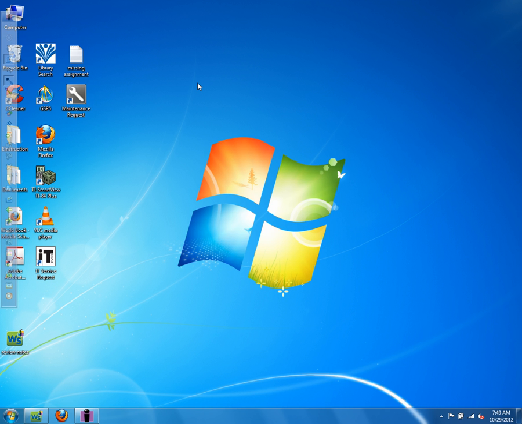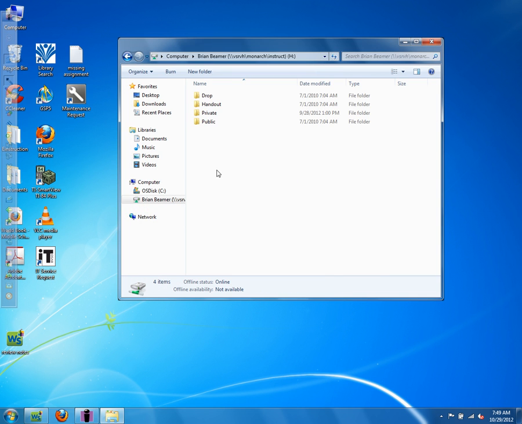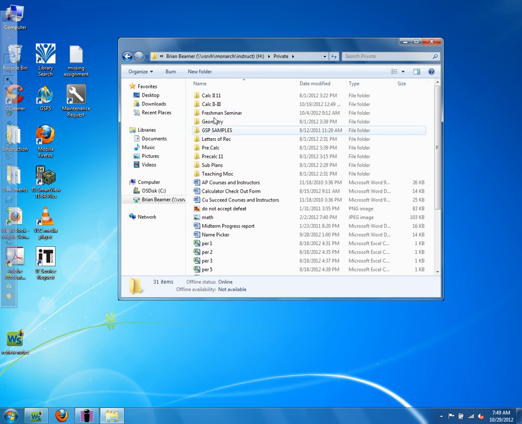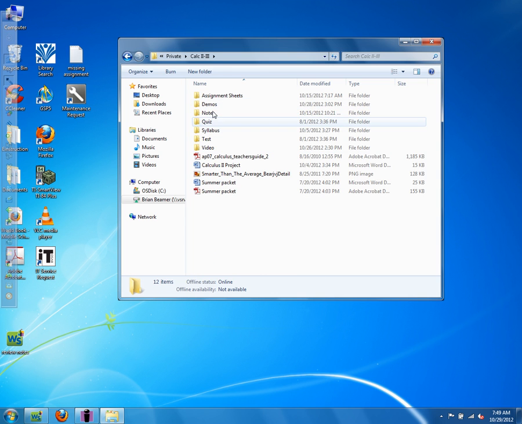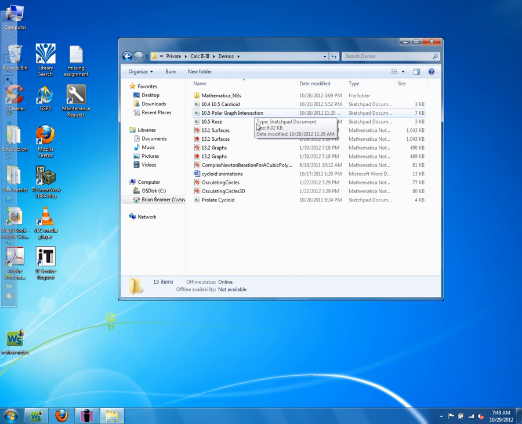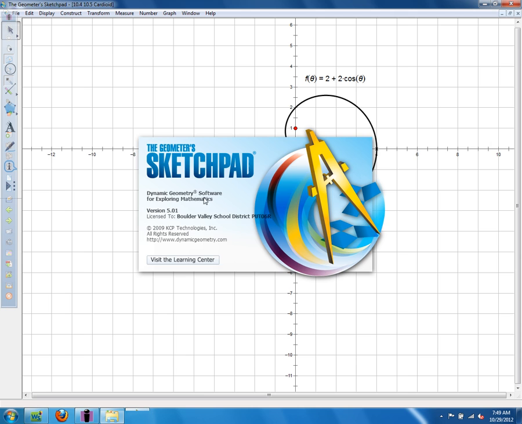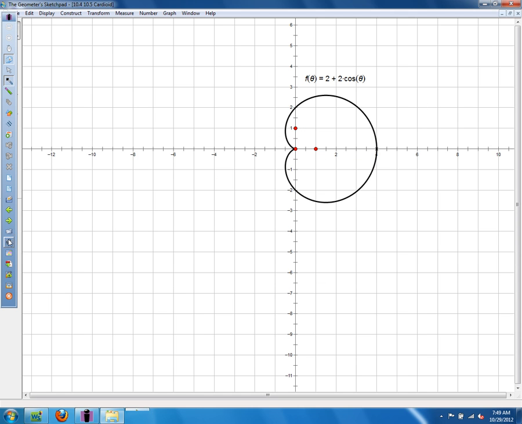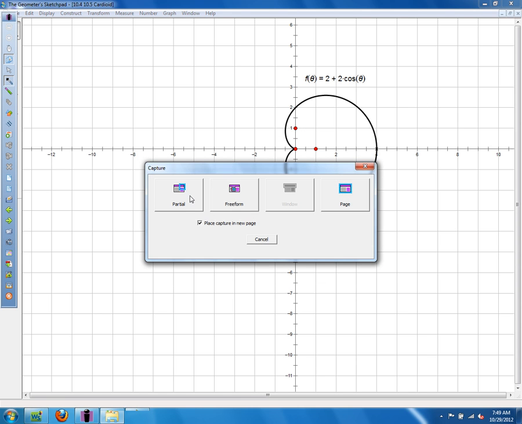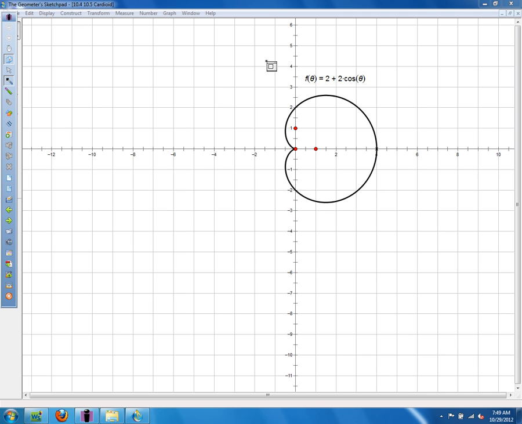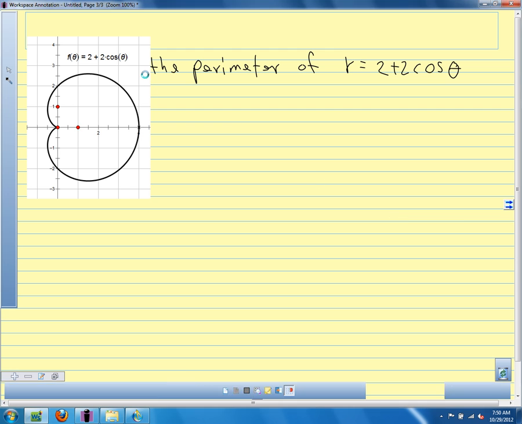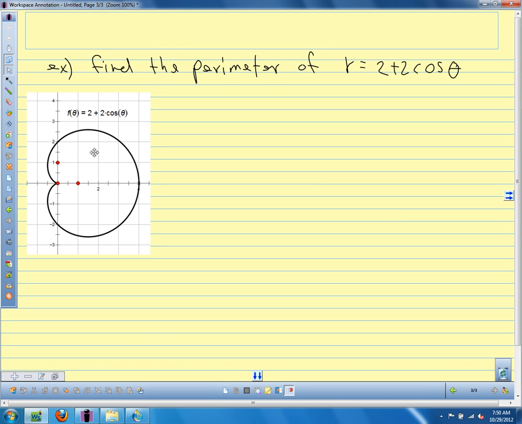We've talked about this one several times. There it is. So there's our cardioid. We want to find the perimeter.